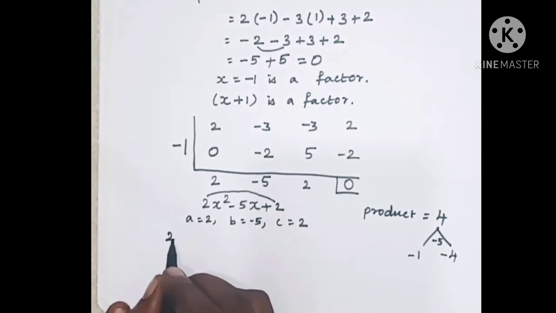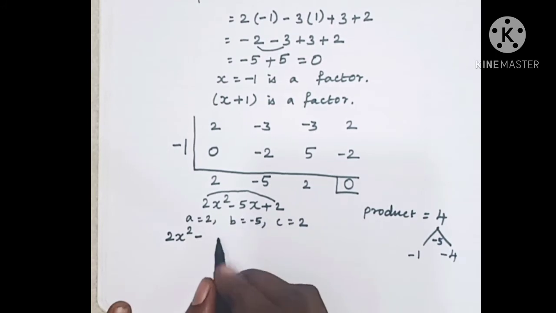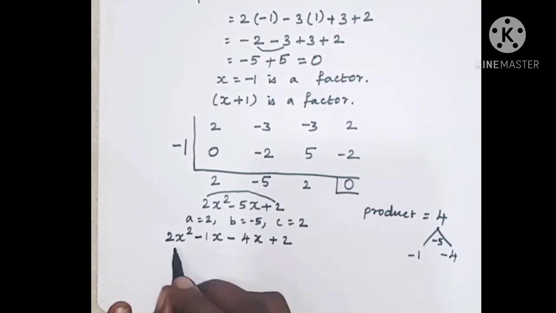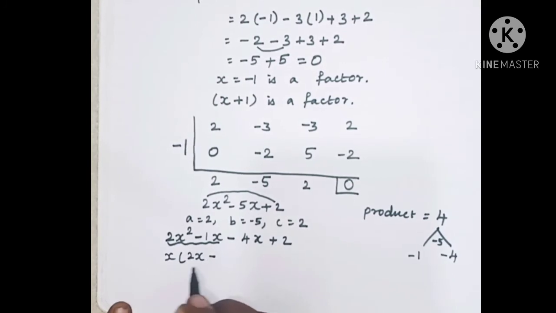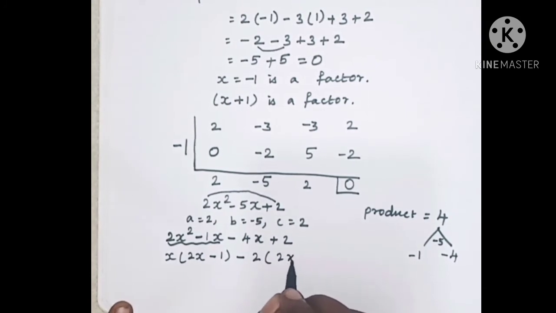So splitting the middle term 2x square minus 5x, we split it as minus 1x minus 4x plus 2. Taking the first two terms, the common variable is x. Take this common variable outside. So x into 2x minus 1, and here the common term is minus 2, so minus 2 into 2x minus 1.